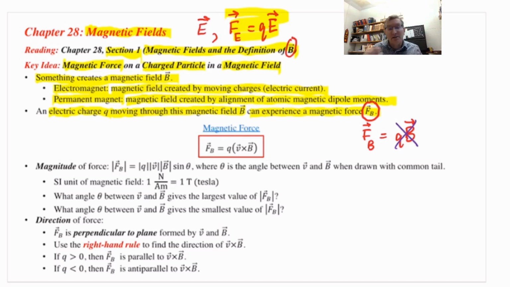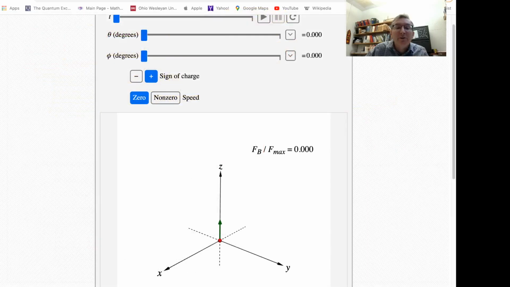We're going to have to try to deduce what the formula is for that force. So let's go first to a simulation on Wiley Plus. One of the things we're going to have to get used to with the magnetic force, that we were not required to deal with for the electric force, is that we're going to need all three dimensions of space.